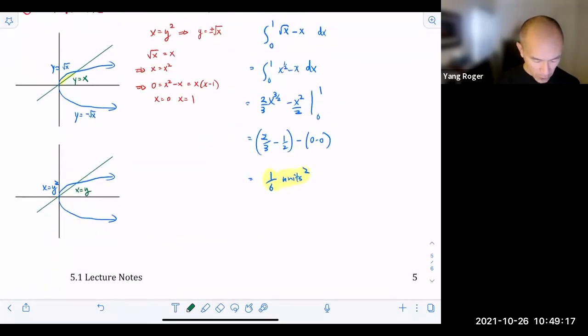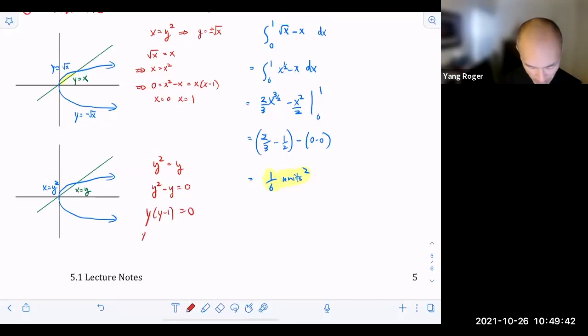So just like before, I need to find the intersection points. To find the intersection points, I set the two functions equal to each other. So I get y squared is equal to y. Then I subtract, I get y squared minus y is equal to 0. Then I factor, I get y times y minus 1 is equal to 0.